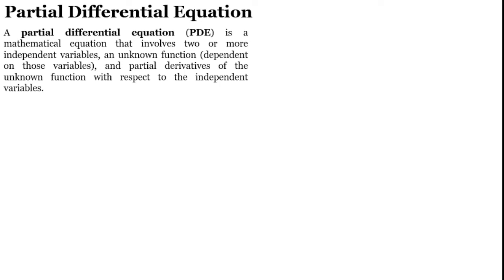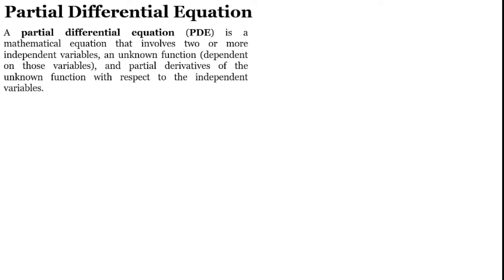F is the dependent variable and M and A are the independent variables. So the dependent variable depends on the independent variables' values. If I change the mass of the particle or the acceleration of the particle, the force value may differ.